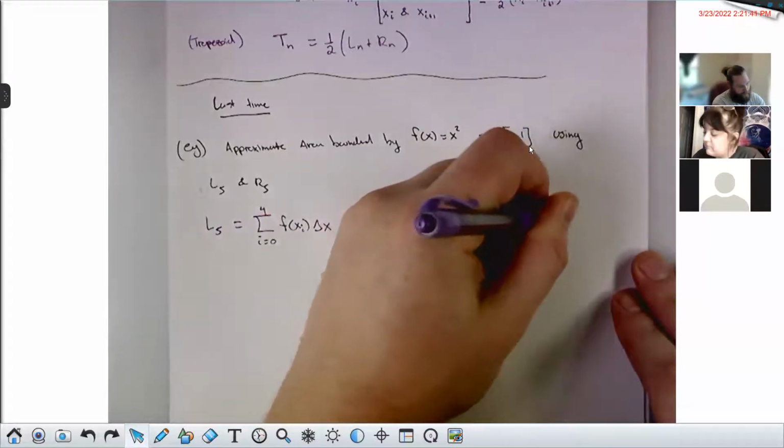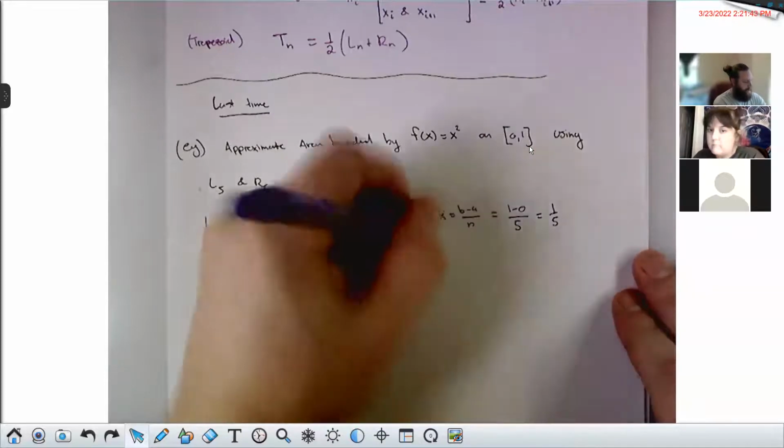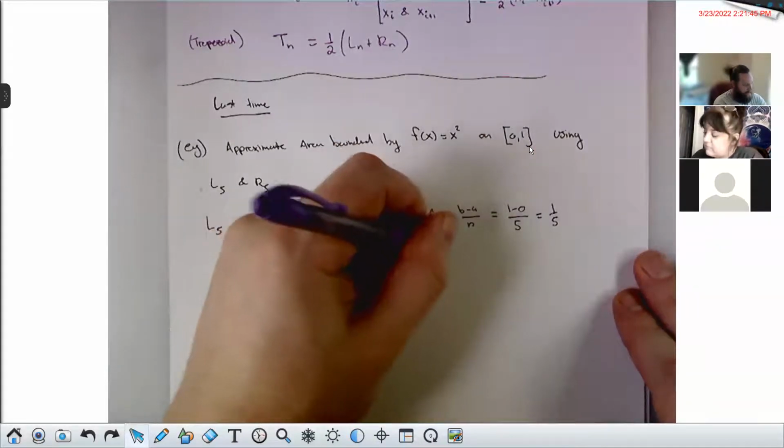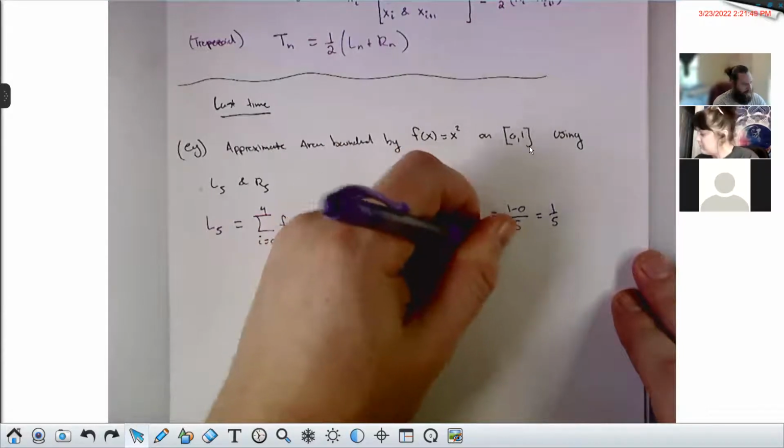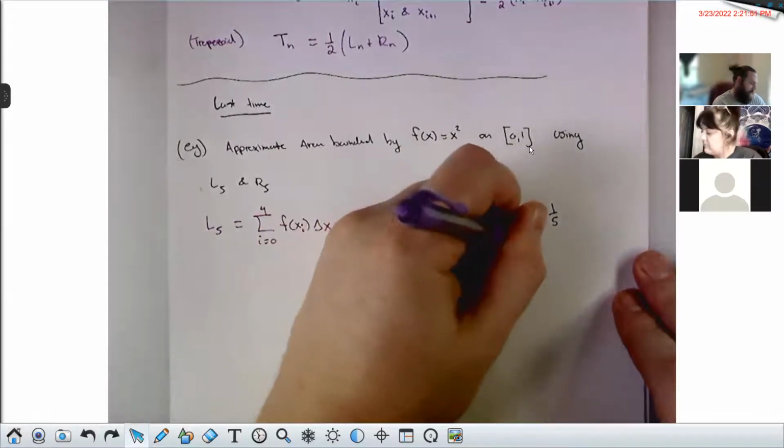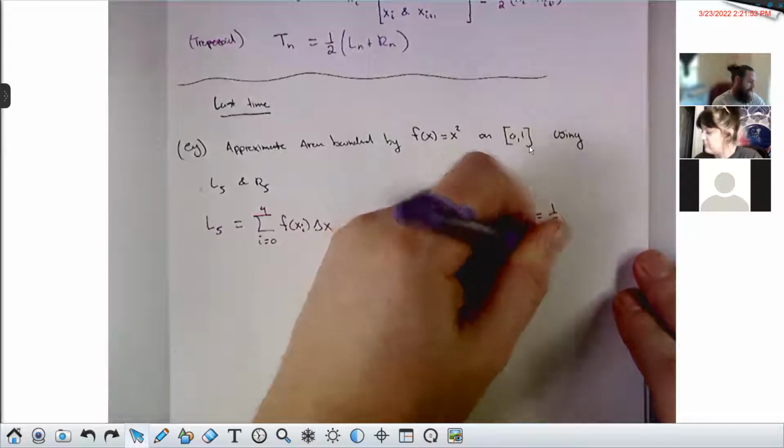So our delta x is 1/5, which means that the xi's, which are always a plus i times delta x, is just i times 1/5.